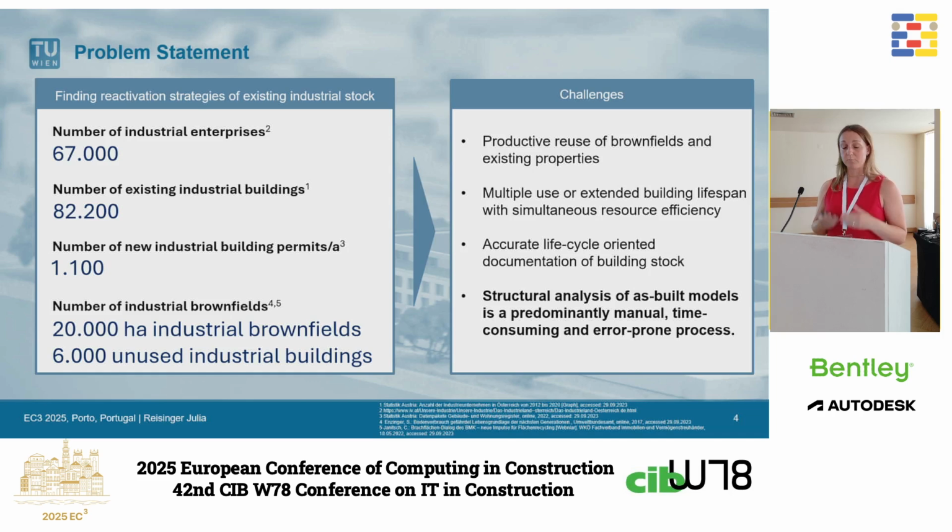We have more than 1,100 new industrial building permits per year, but we have 82,000 existing industrial buildings, whereby more than 6,000 are unused, and we are looking at how we can reactivate them and convert them to adapt them with multi-story buildings, because usually they're just one story, right?